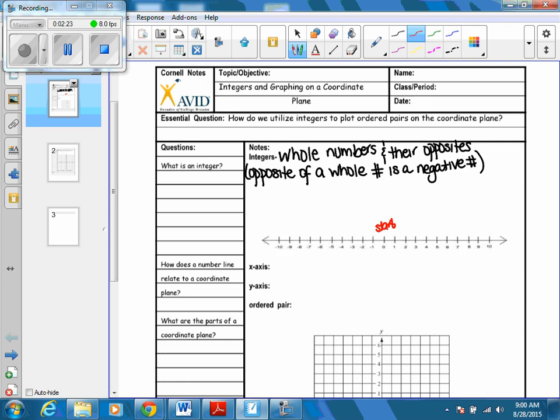All of my numbers from 0 above are my positive numbers, going on to infinity. On the other side, from 0 and getting more and more negative, these are my negative numbers, and they go on to negative infinity.